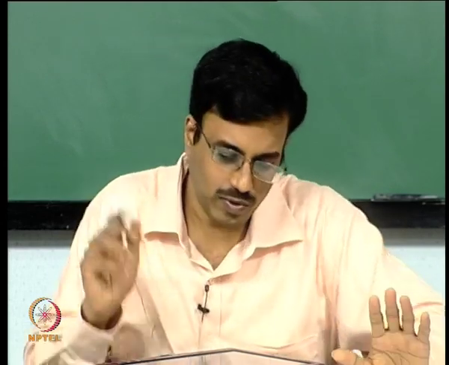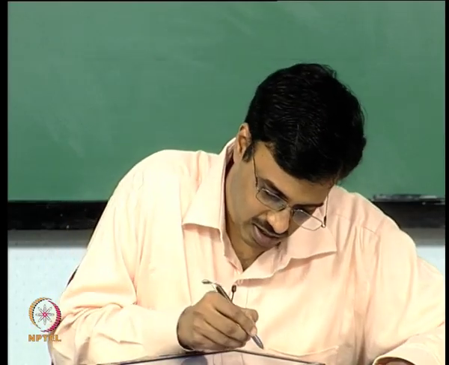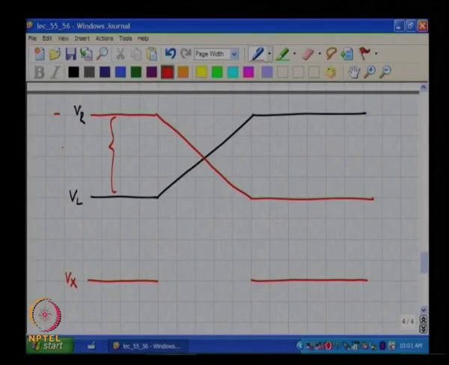So, let us just assume for argument's sake that this is say 3 times delta V. Definitely a safe value to choose, given that this will completely switch the current from one side to the other. There is nothing holy about 3, I just chose it.